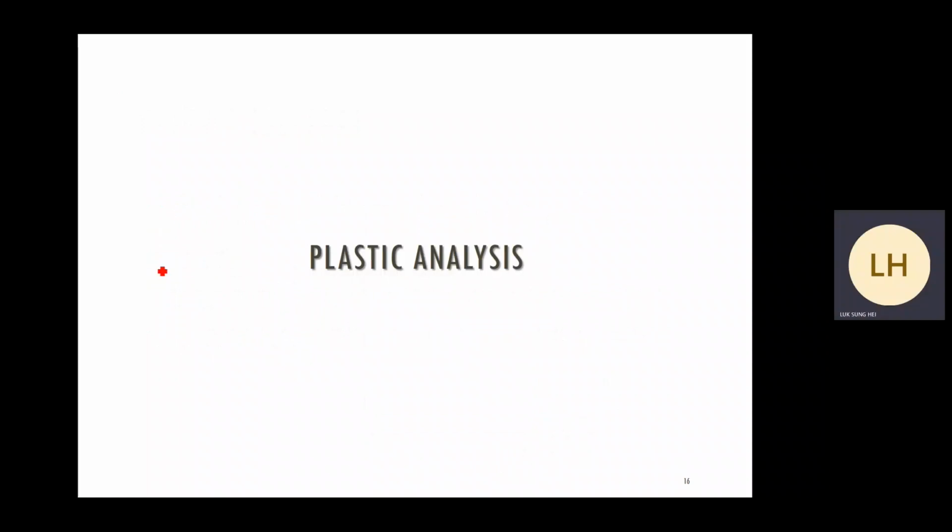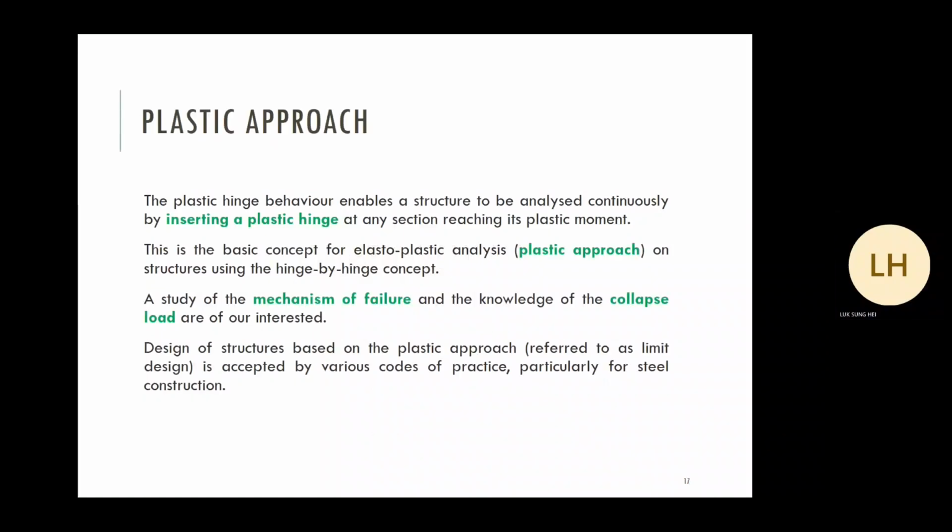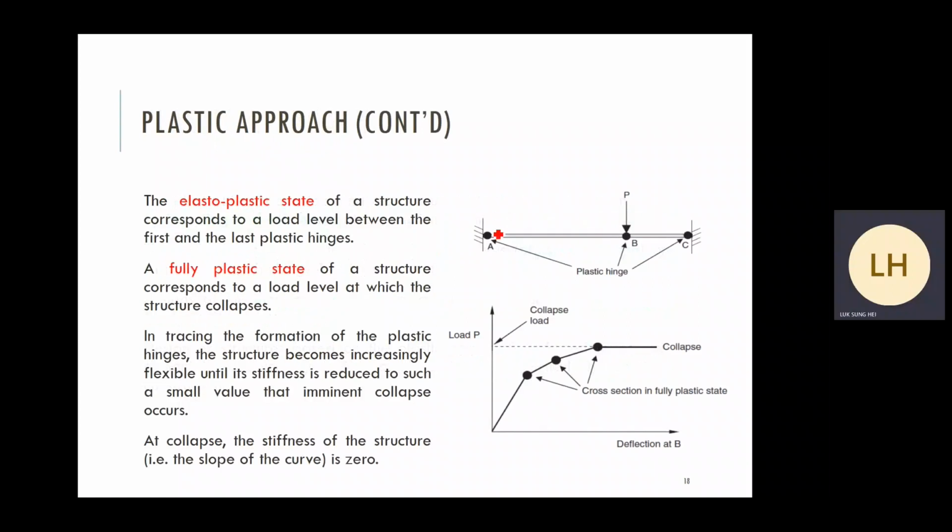Plastic analysis. Based on the previous discussions, we observed that failure of a member is somehow related to the formation of a plastic hinge, just like here. So we can start from the other side.